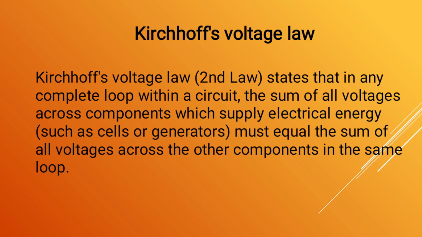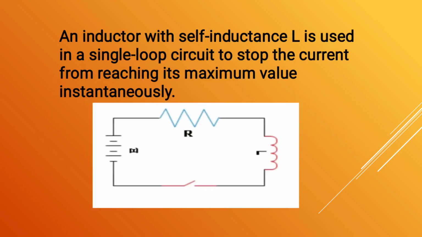To solve RL circuit problems, you should apply Kirchhoff's voltage rule to find the necessary equations. Kirchhoff's voltage law, or second law, states that for any complete loop within a circuit, the sum of all voltages across components which supply electrical energy, such as cells or generators, must equal the sum of all voltages across the other components in the same loop.